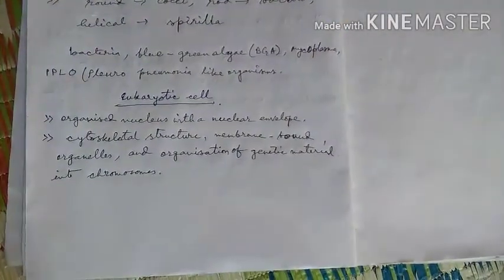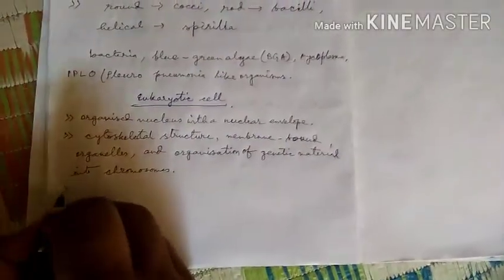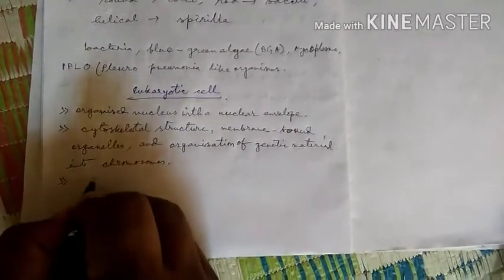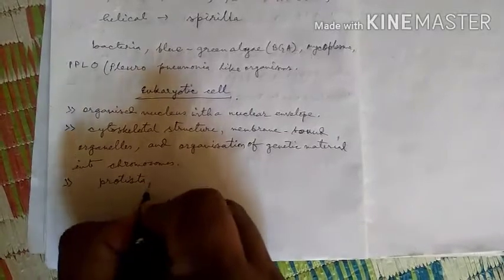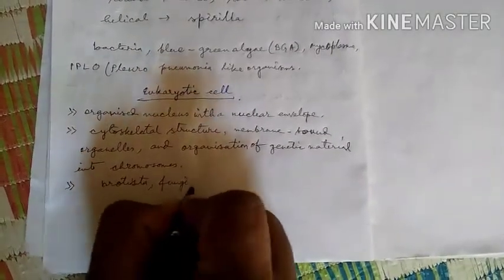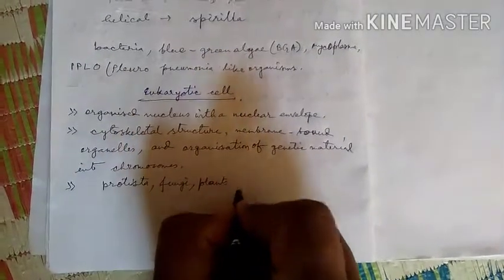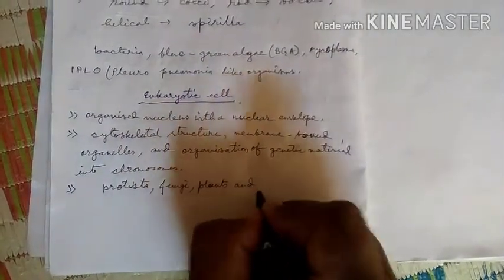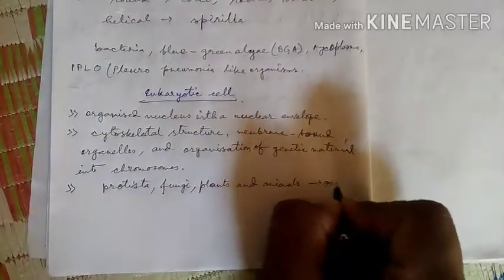These cells also occur in protista, fungi, plants, and animals.